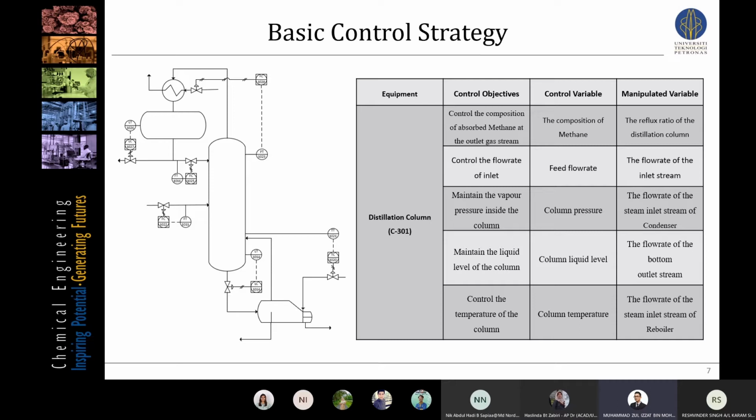We maintain the vapor pressure inside the column by manipulating the flow rate of the steam inlet stream of the condenser. We maintain the liquid level of the column by manipulating the flow rate of the bottom outlet stream. And last but not least, we control the temperature of the column by manipulating the flow rate of the steam inlet stream of the reboiler.